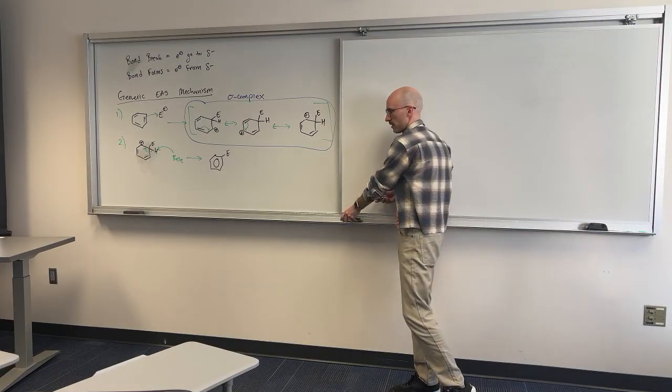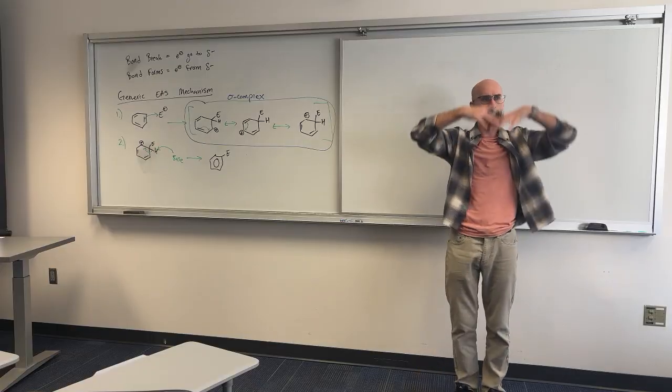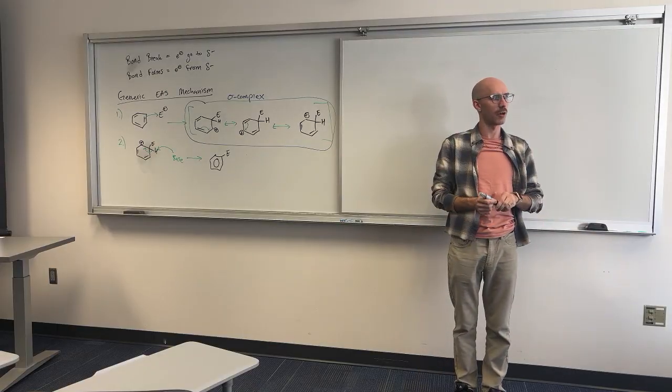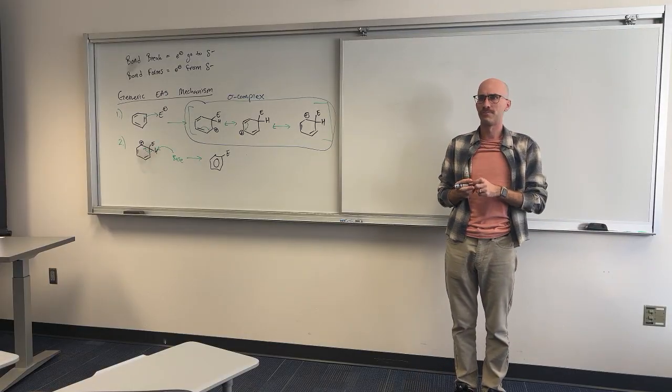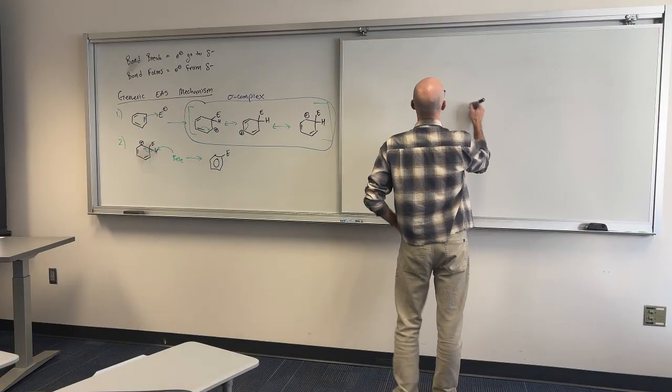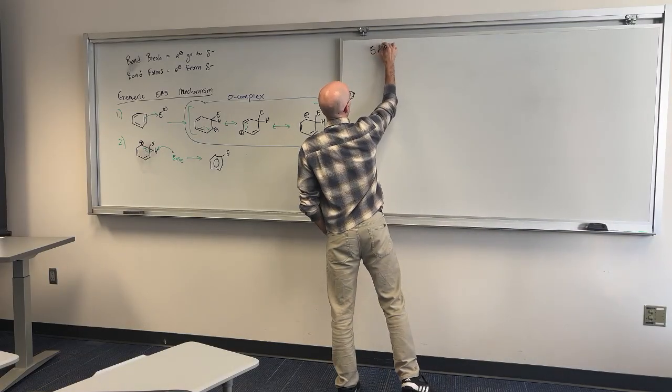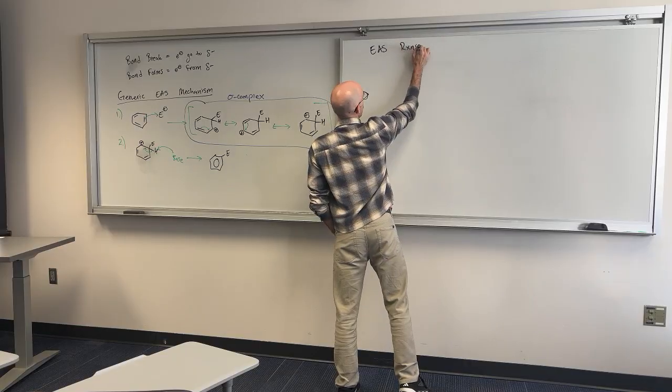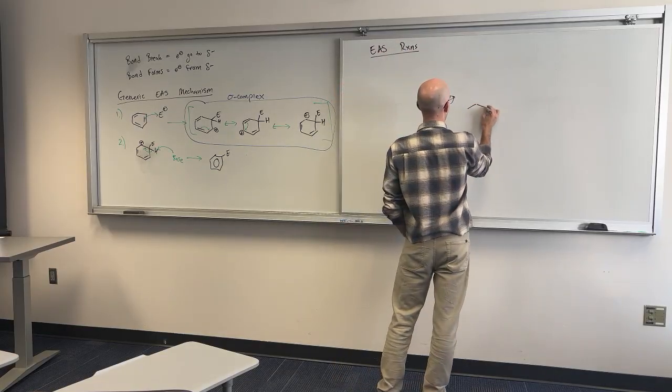Today I want to actually give you a kind of a dynamic flow chart similar to how we've done our OCHEM1 reactions. So these are the EAS reactions that you will need to be familiar with.